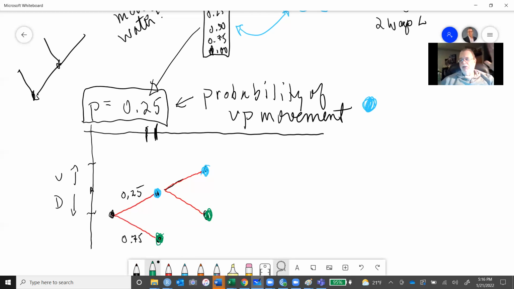Now, they're not our observations, but we are going to do 3 observations, and that's why we have to repeat this process 3 times. So let's continue that. Notice how they're meeting back up here.